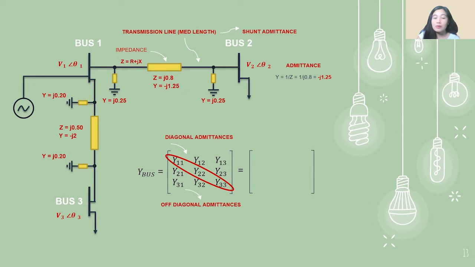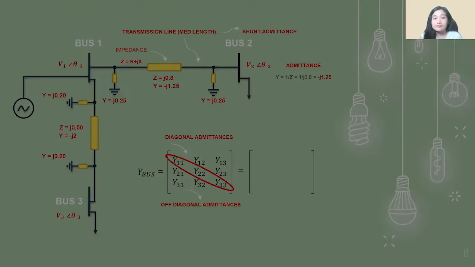Usually our Y12 and Y21 have the same values, but you still have to double check. But I guarantee you that in the end, the value of the off-diagonal admittances is negated, or multiplied by -1.